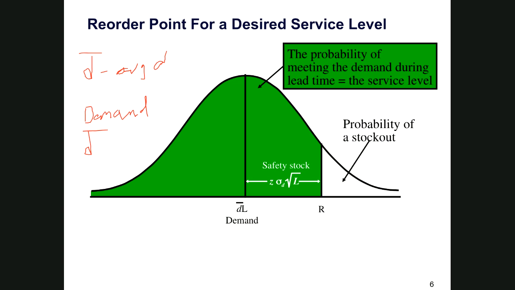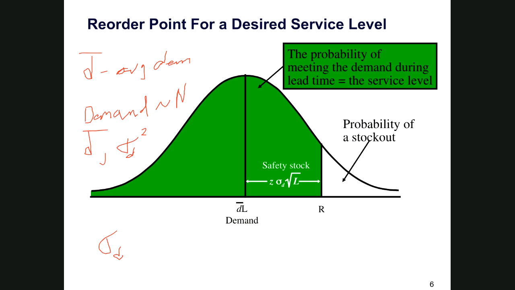Average demand. And then our variance is going to be called sigma. The variance is going to be sigma squared sub D, or it's the variance of the demand, or the sigma sub D, which is the standard deviation of the demand. Okay, so the demand has a normal distribution, which is why we have the bell-shaped curve.